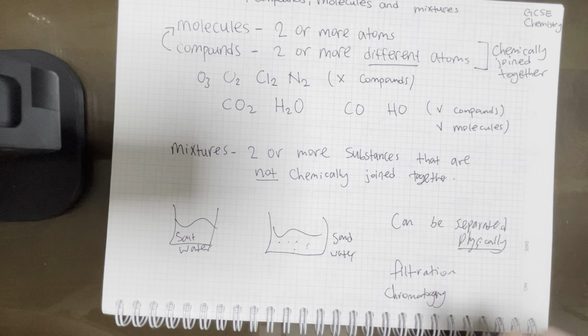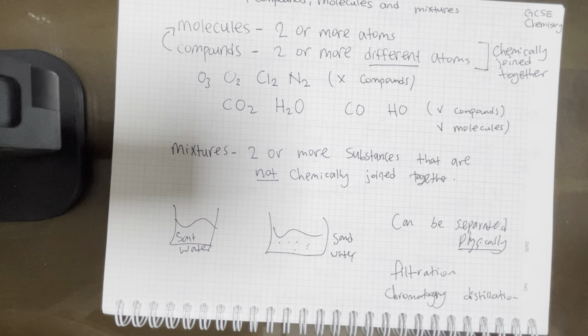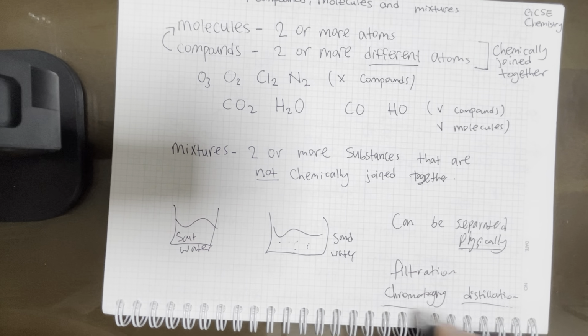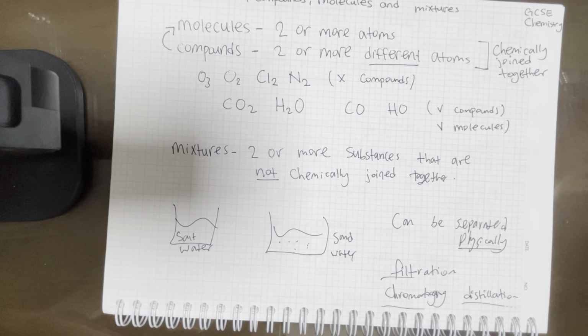You can filter out the different colors in your pen ink, right? Or distillation. You can boil your liquid, and to separate the different liquids based on their boiling points, you can separate them through distillation, right? You can't separate molecules or compounds through these physical means. You have to do a chemical reaction. In future videos, we'll dive deeper into these separation methods for mixtures.